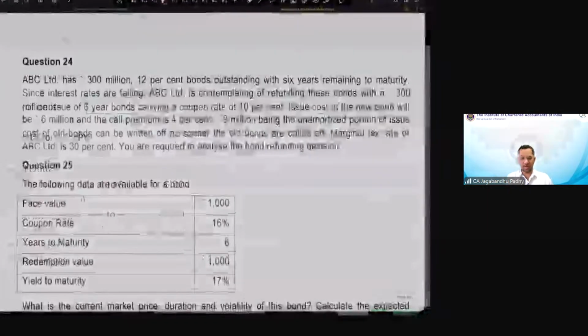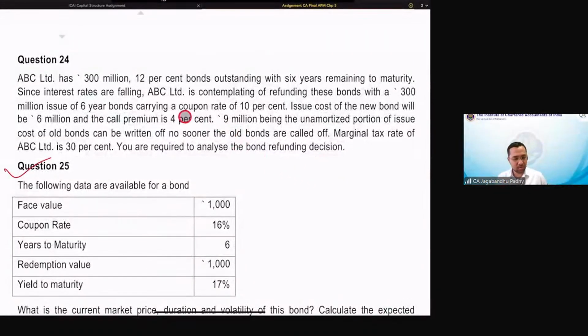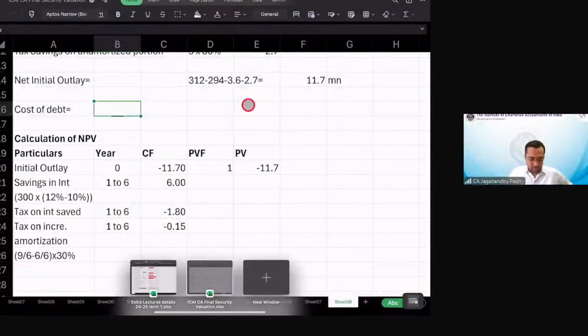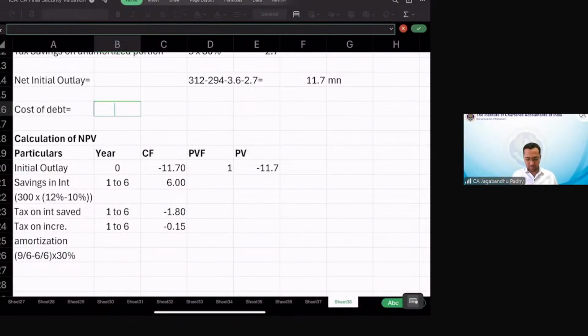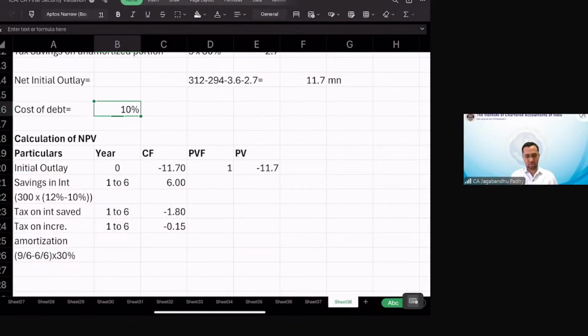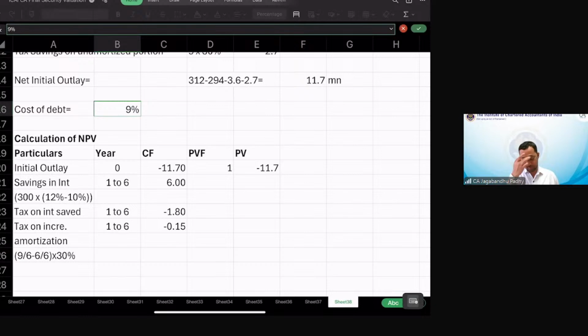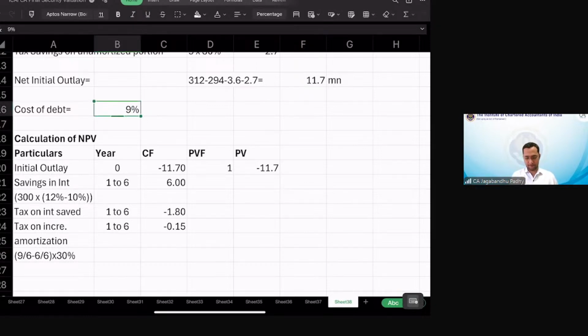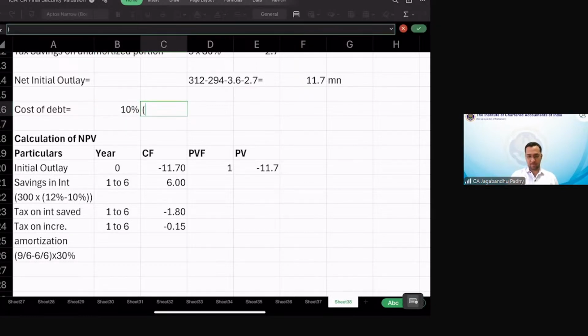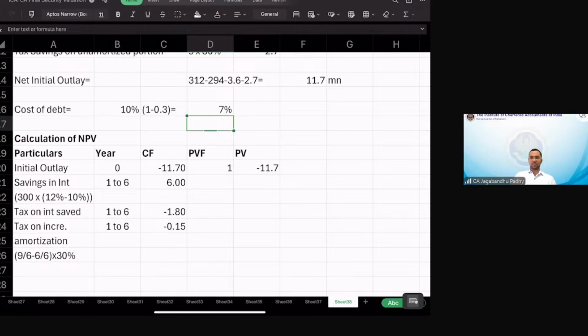What's the coupon rate we are offering on the new bonds? They're carrying a coupon of 10%. So 10% is the coupon that you're paying, multiplied by 1 minus 0.3. That is essentially 7%. So cost of debt is 7%.